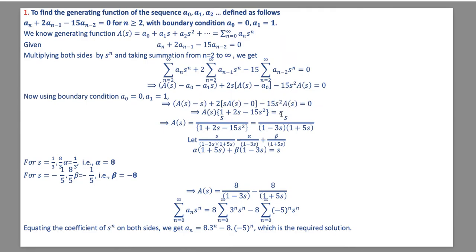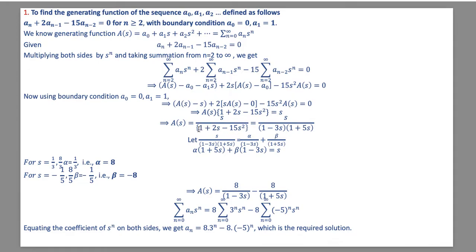If we take As common, here we are left with 1, here this is 2s, and here this is minus 15 s square, and this is minus s. Shift this minus s to the right hand side, so this is s. It means As is equal to s upon 1 plus 2s minus 15 s square.